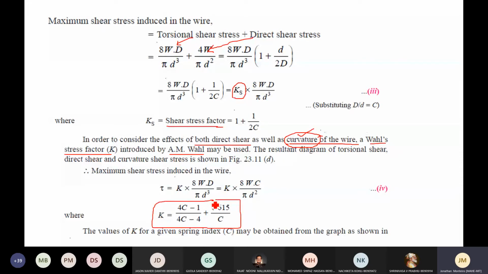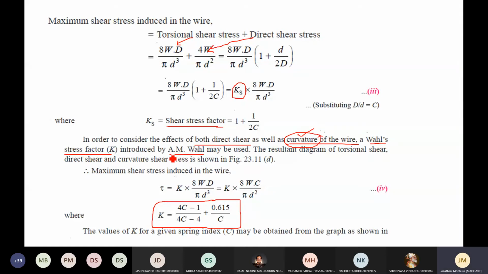How did he find this relationship? This is purely empirical in nature. He did some calculations of his own and maybe came across this figure, but this is what we use for all the springs, unless otherwise mentioned.